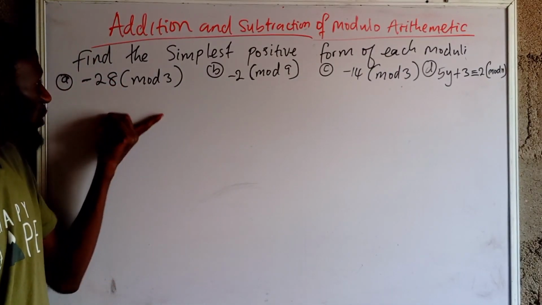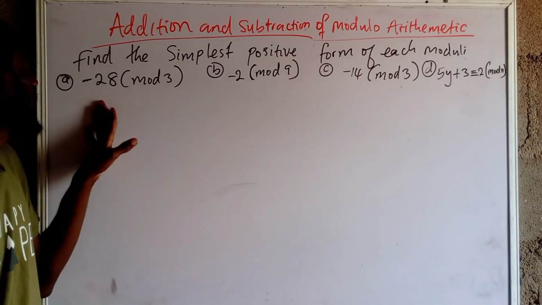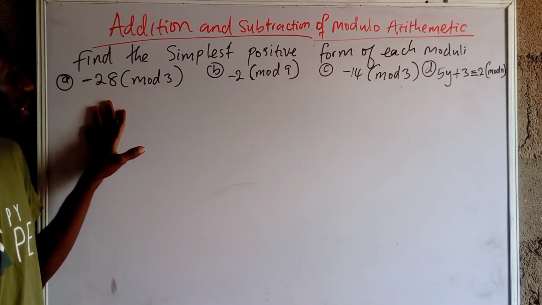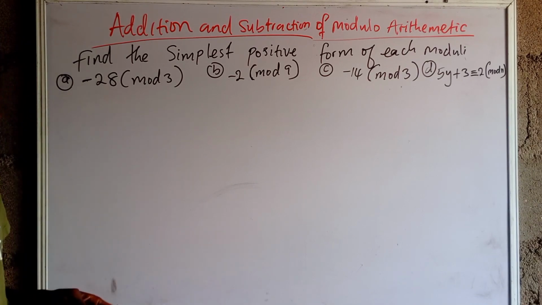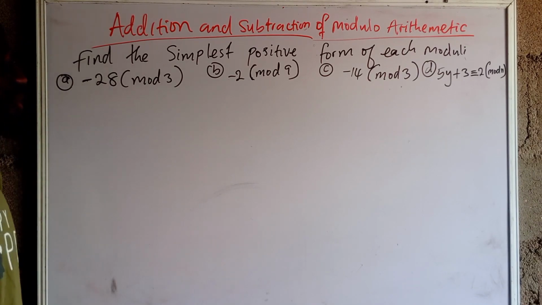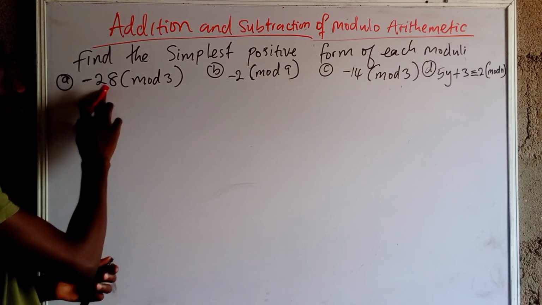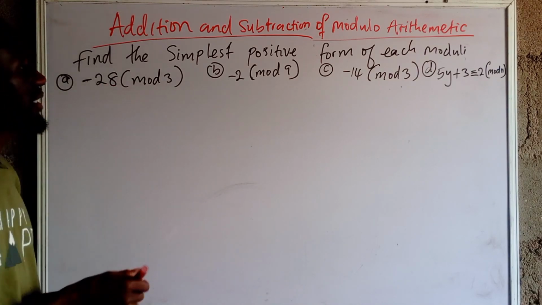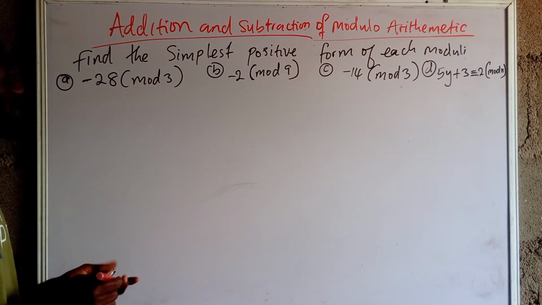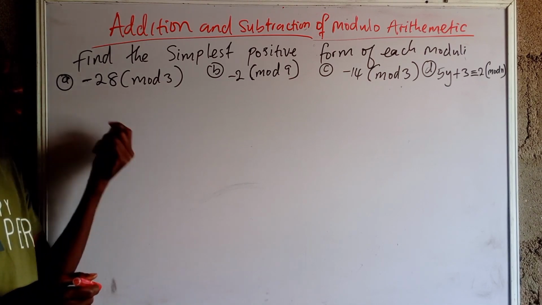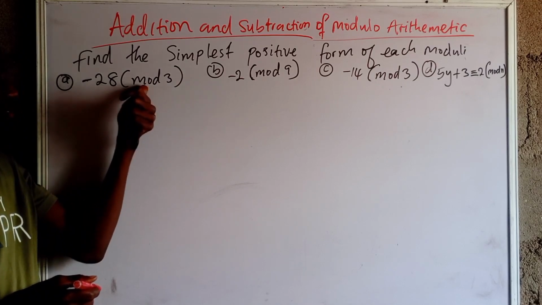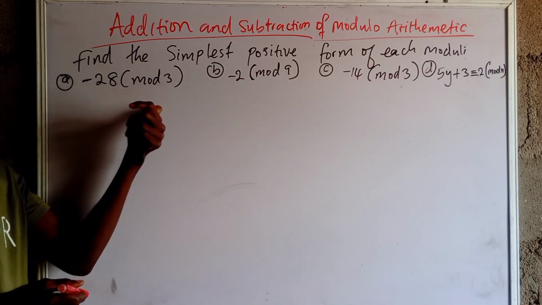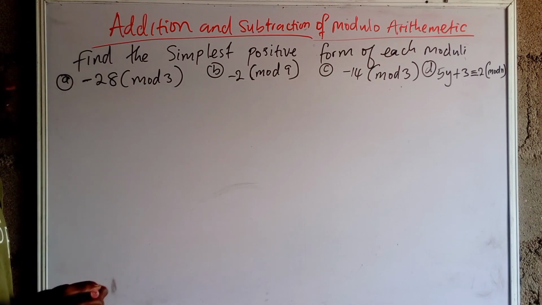Now we are looking for the modulo for each. We are asked to calculate the modulo in each question here. The question is given here as minus 28 mod 3. When solving a problem in this form, we are supposed to consider the minus sign. This is minus 28 in mod 3. We are asked to solve this problem.